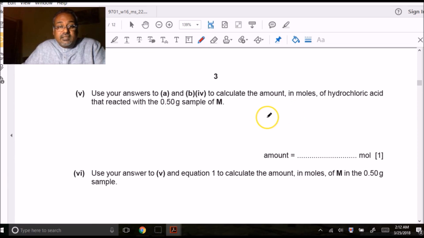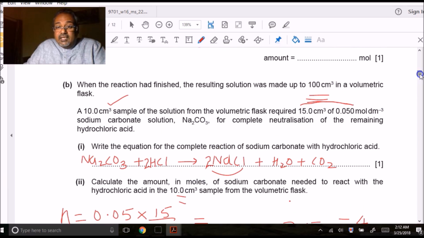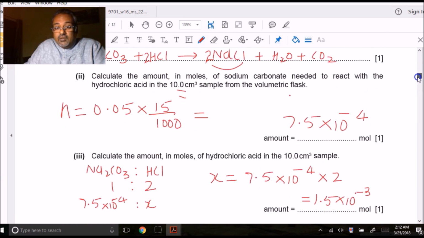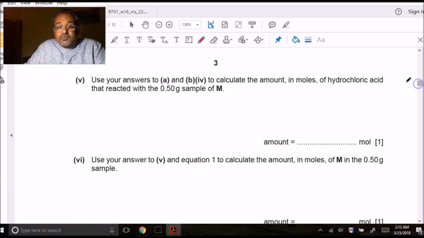The question now says, use your answers of the previous questions to find the moles of the acid that actually reacted with the 0.5. Now remember, this is the initial amount of the acid, 0.04. And this is the amount of acid which is now left in that solution, which means how much got reacted would be the difference of the two.